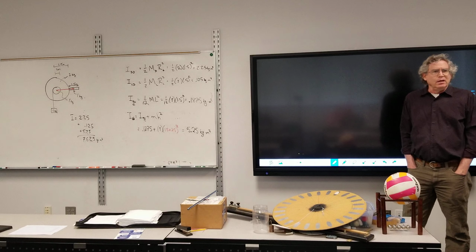And then the forces acting on the rotating structure. Tension. Acting where? The part of the circumference that the string's attached to, the smaller disc.